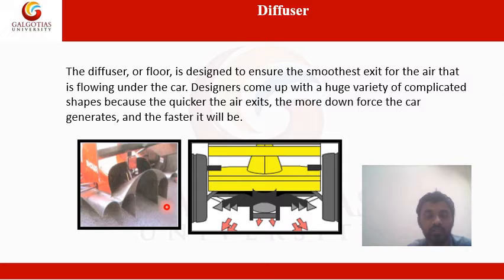So the technologists and scientists are coming up with innovative ideas and complicated shapes of the diffuser so that the air exits quicker. When the air exits quicker, more downforce will be produced by the car, and when that happens, the car will move faster. That is the basic fundamental principle behind the Formula 1 cars.